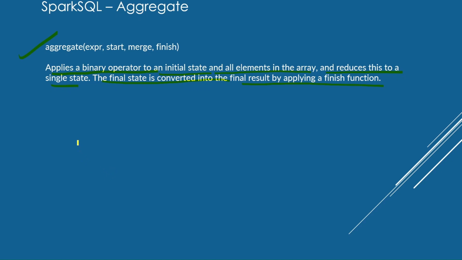For instance, suppose there is a column and the data in the column is 10, 10, 10, 10 and 10. Suppose we are going to do addition, so it will use the reduce function here.